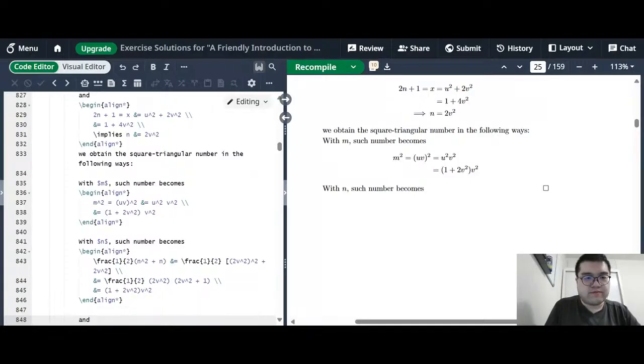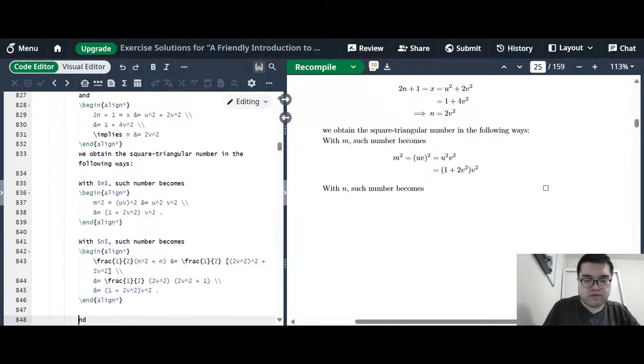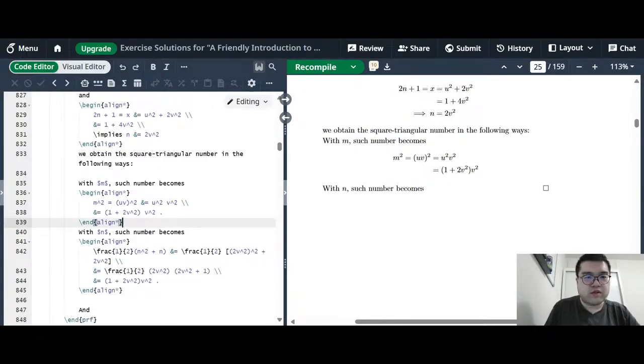Actually I don't need this row, I don't need this row either. And we end up with the same expression as we desired.